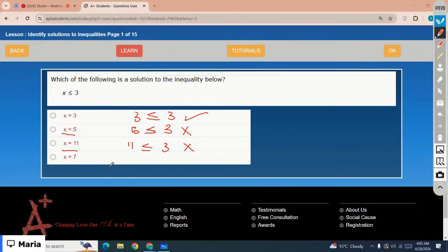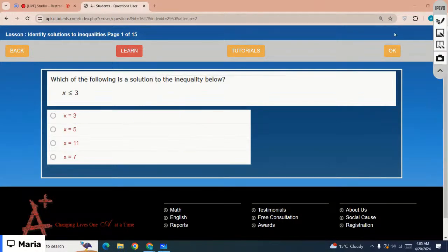False it is, right? Then 7 is less than or equal to 3. False it is. So the correct option is option number 1. x equals 3 is the solution of the inequality, right?